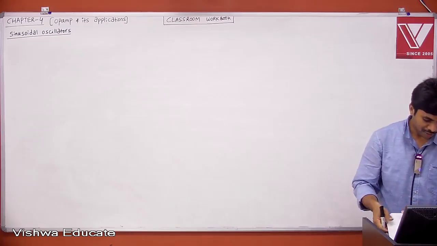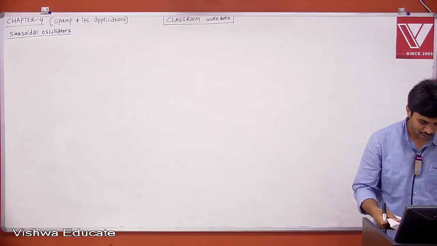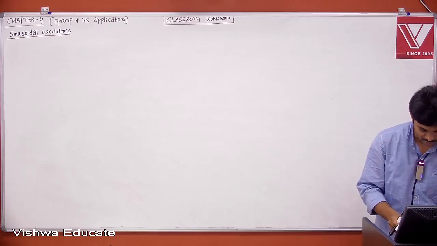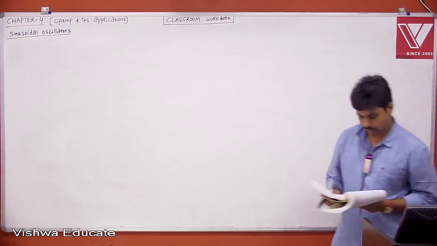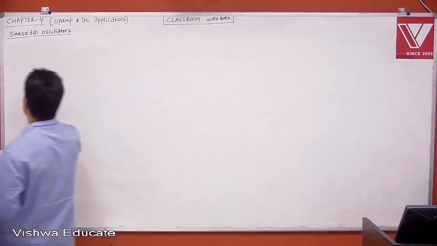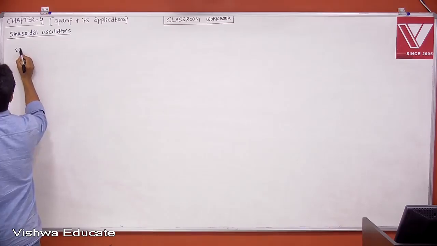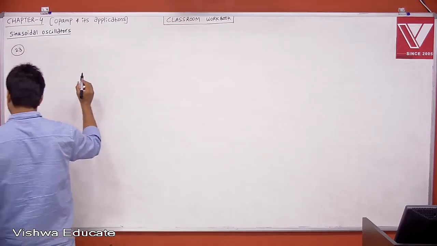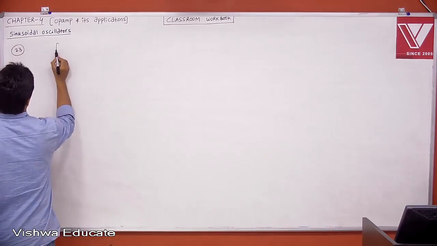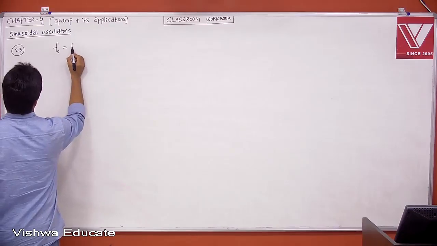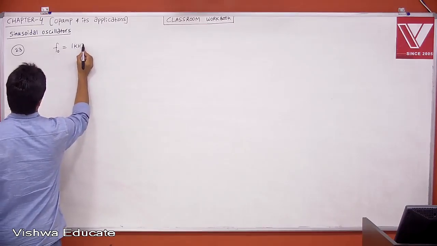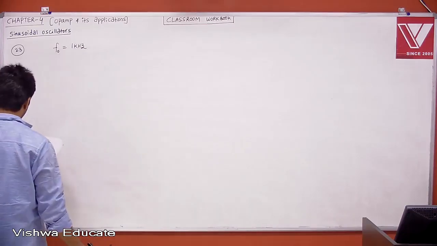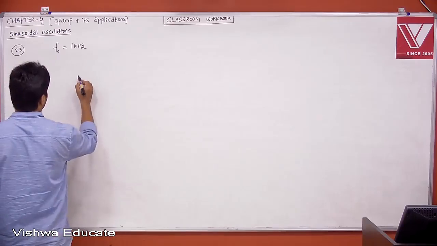Problem number 23. The value of C required for sinusoidal oscillations of frequency 1 kHz in the circuit of the figure is. We want oscillations, therefore we call it F0. Therefore we need F0 equal to 1 kHz.